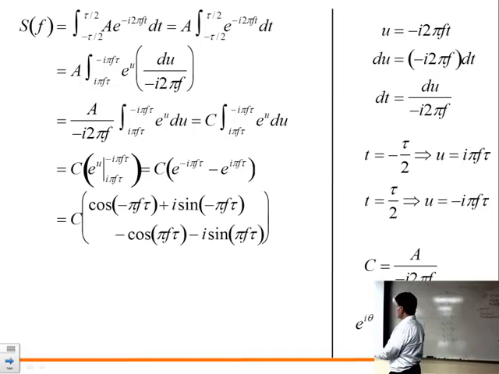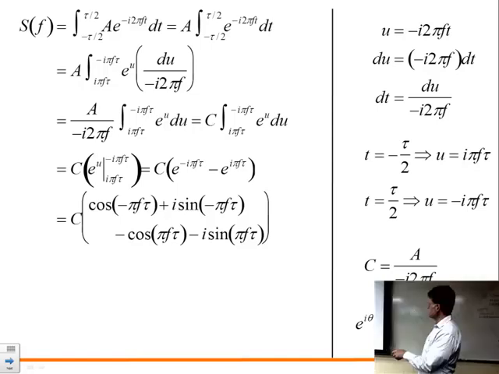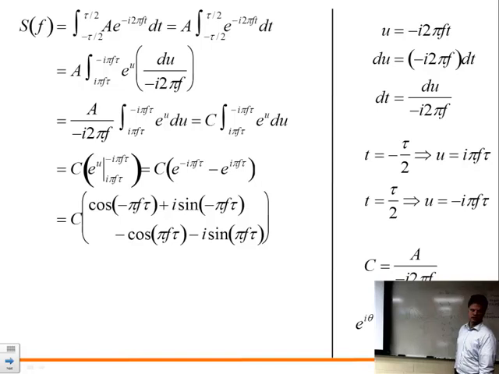So I get c still outside. And here I'll get cosine of minus pi f tau plus i sine of minus pi f tau. Just plugging in that formula. So theta is now minus pi f tau. Minus this thing, where theta is now plus pi f tau. So it's minus cosine of pi f tau and so on. Just plugging that in twice.